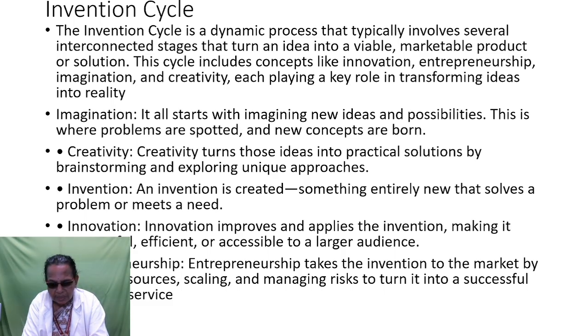Invention. Invention is creating something entirely new that solves a problem or meets a need. Innovation. Innovation improves and applies the invention, making it more useful, efficient and accessible to a large audience. Entrepreneurship. Entrepreneurship takes the invention to the market by securing resources, scaling and managing risk to turn it into a successful product or service.